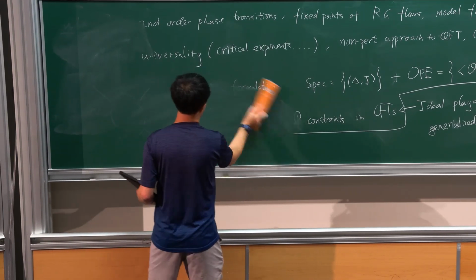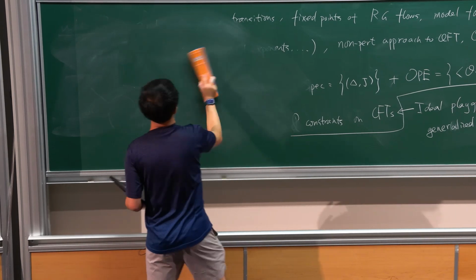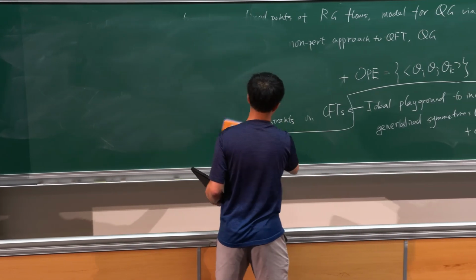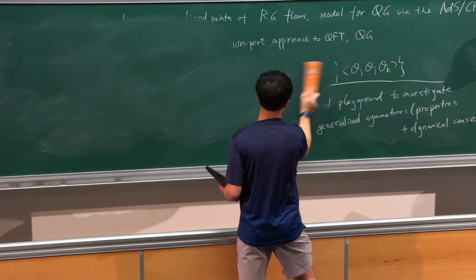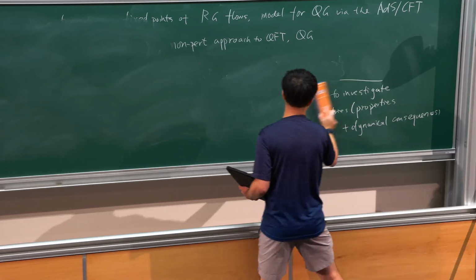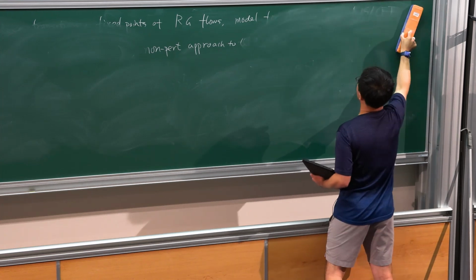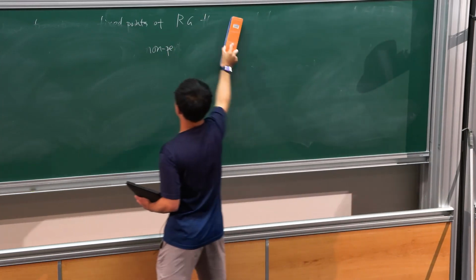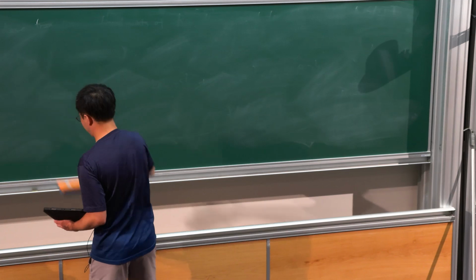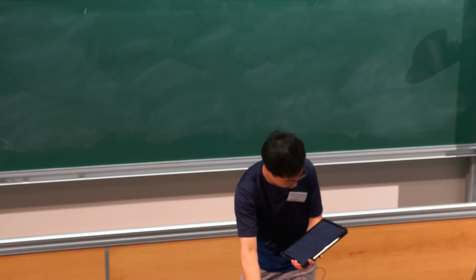The correlation functions of all the other descendants, namely at the level of the corresponding states generated by L minus n, for n positive, or L bar minus n, acting on the lowest weight state, are completely determined by the correlation functions of the Virasoro primaries.